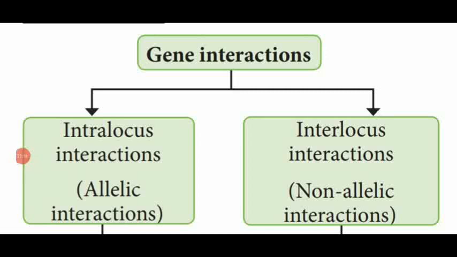Dear students, this is the flow chart showing the different types of gene interaction. This is also an important 3-mark question. First one, intra-locus interaction, and inter-locus interaction. That is why I told you the gene interaction takes place within the same chromosome of a gene.